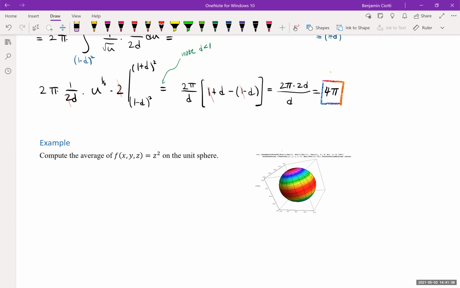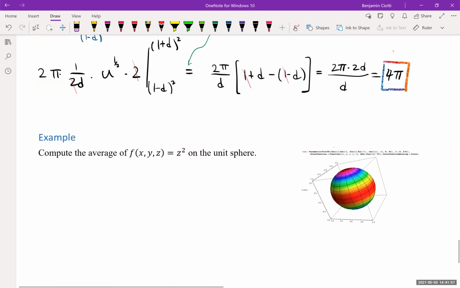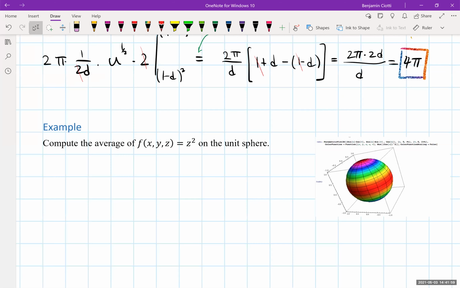So you could set this up using X, Y, and Z, or using rectangular. You could set it up using cylindrical. My recommendation, well, I recommend try all three ways and see which one you find to be easiest. And it's also worth seeing if you could set it up. So like, what would a possible answer be?